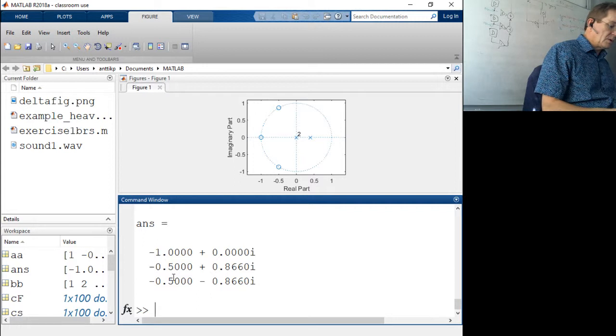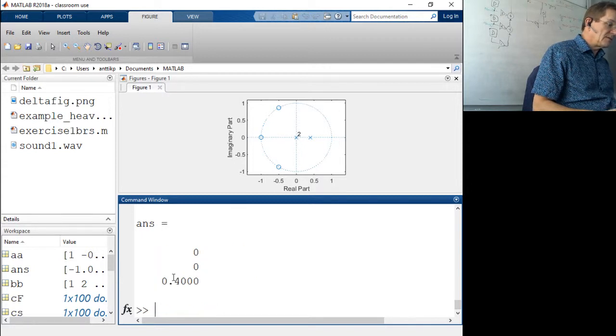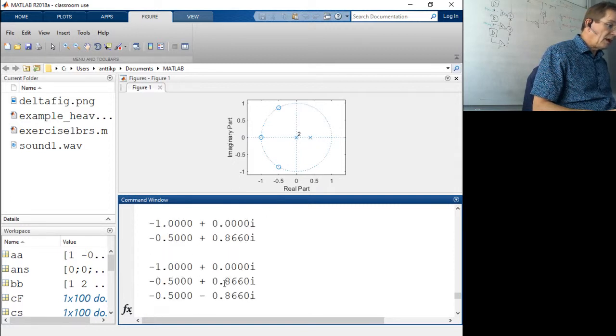And poles are roots of the polynomial defined by vector A. Okay, 0, 0, 0.4. So double zero at the origin, and then single pole at 0.4.